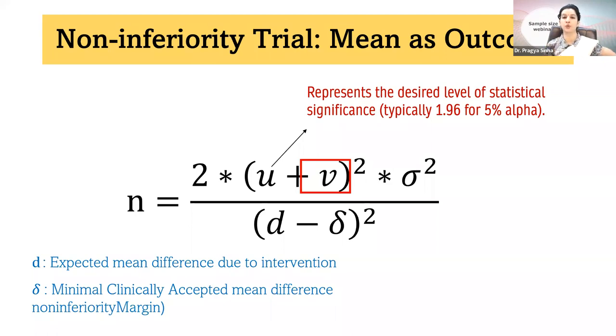So I hope now you know what this U and V are. U is for the power of the study and V is for the alpha error, or the clinical significance. Is it clear? I think one of you can type yes. Okay, now I assume that you know what U and V are.